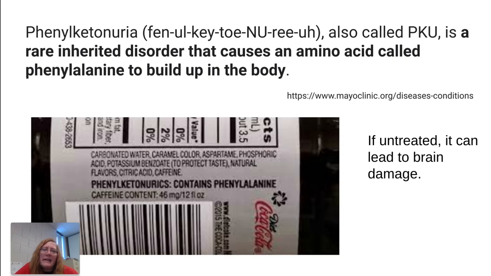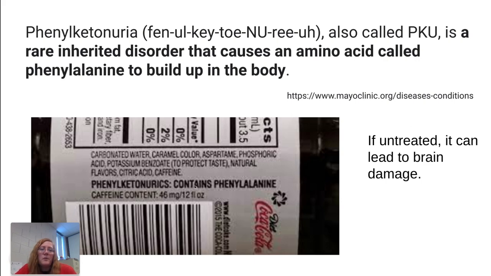It's a rare inherited disorder, but it happens often enough that they're testing every single baby because if they don't catch it, it leads to brain damage. It builds up to a toxic level and will destroy the brain. And then you have a baby that could have been treated, and instead the baby ends up brain damaged because we just didn't know.